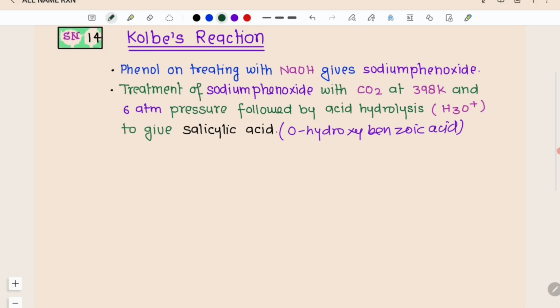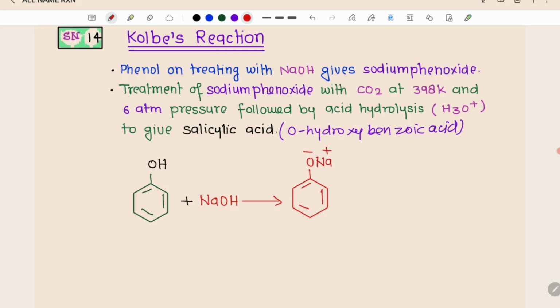So first of all we need phenol. This is phenol, and this phenol is treated with sodium hydroxide, NaOH, which gives sodium phenoxide.